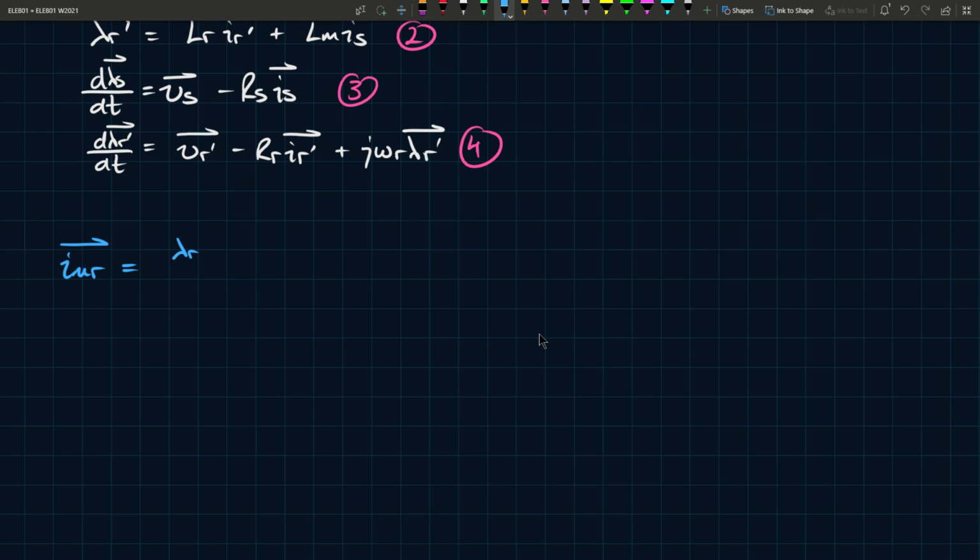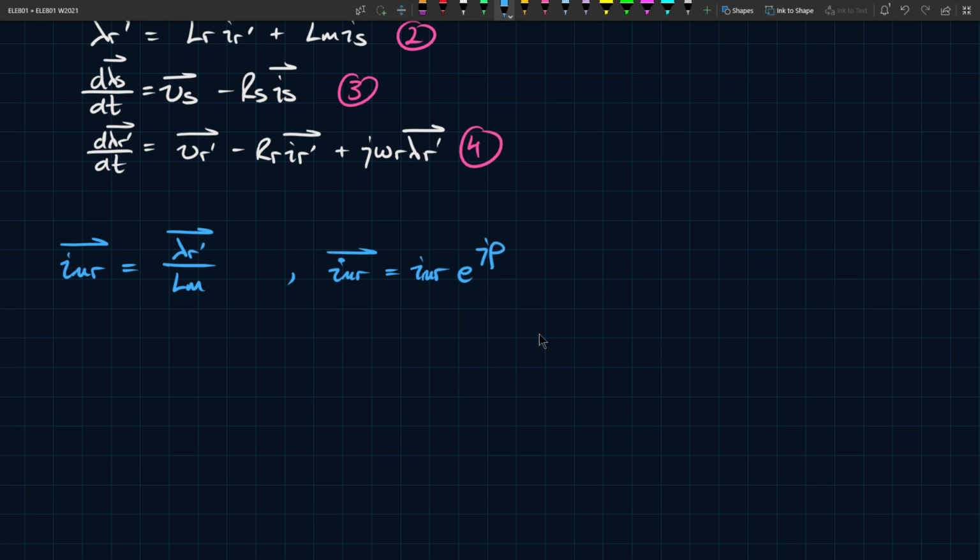Let's say it's defined as lambda r prime divided by Lm. And this means that IMR, the current phasor, I guess you can call it, is equal to some magnitude IMR, e to the j rho. IMR is obviously the magnitude of the vector, and it rotates at a speed of the time derivative of rho.